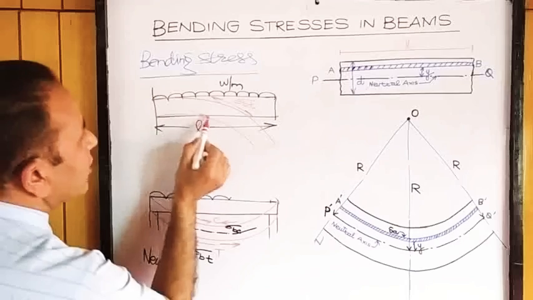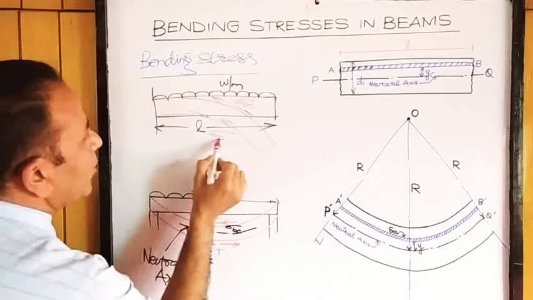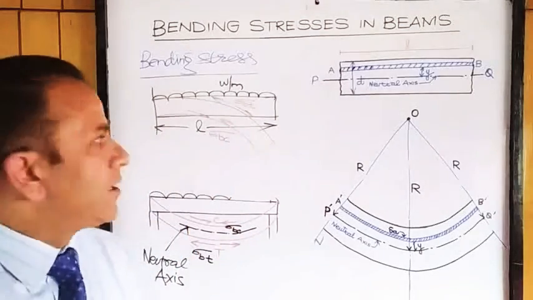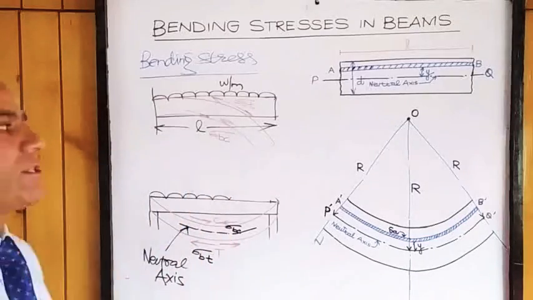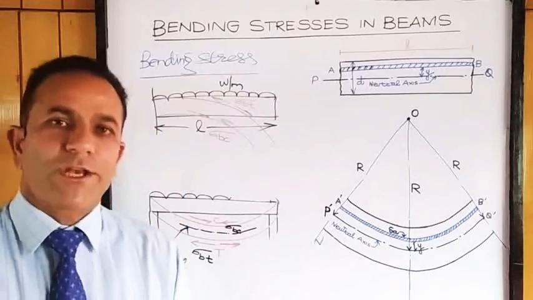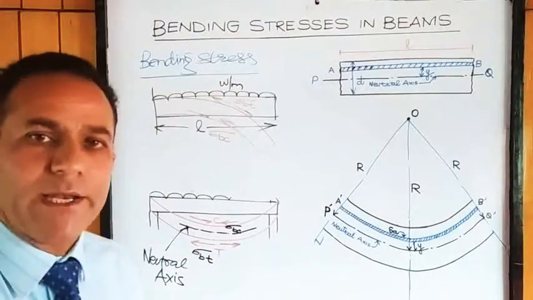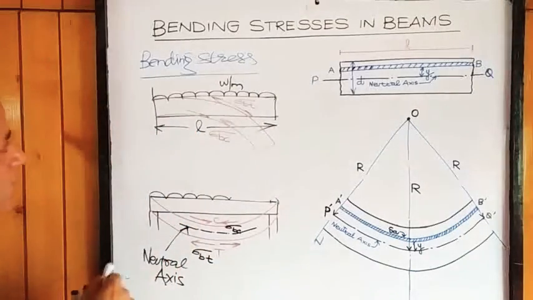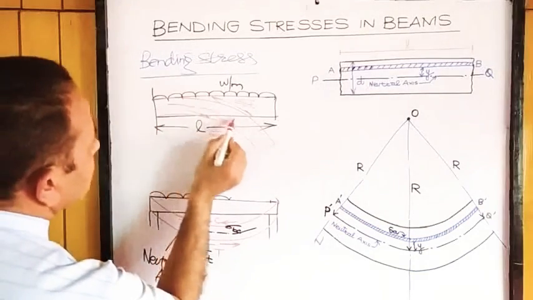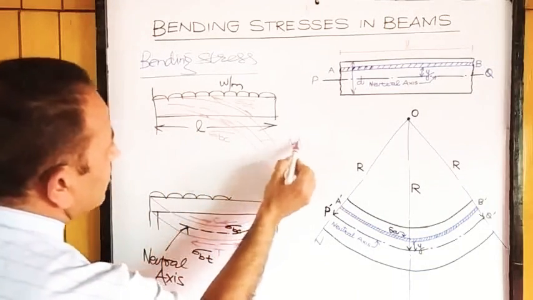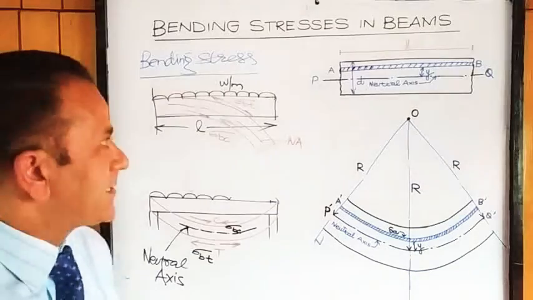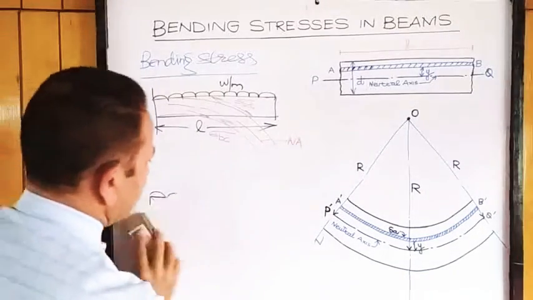These fibers will be compressed, so we will have bending compressive stresses at the bottom. So the nature is different than that of the simply supported beam. It will depend upon the type of the beam where these compressive stresses will be developed and where the bending tensile stresses will be developed. Same thing here also, we will have a neutral axis at the CG. There will be no stress at the neutral axis. So these are bending stresses.